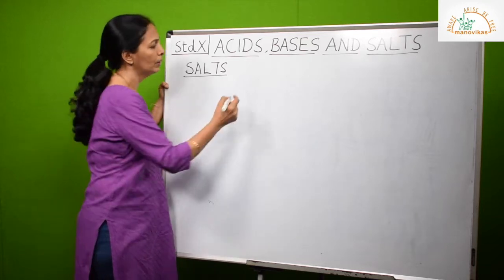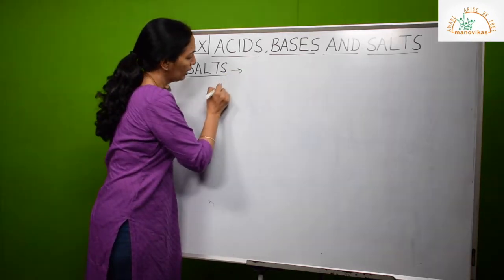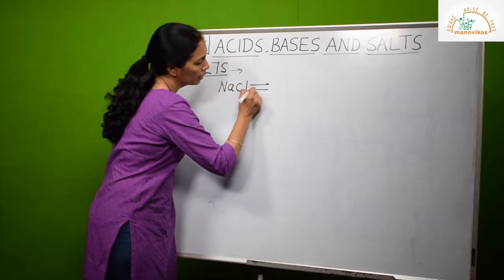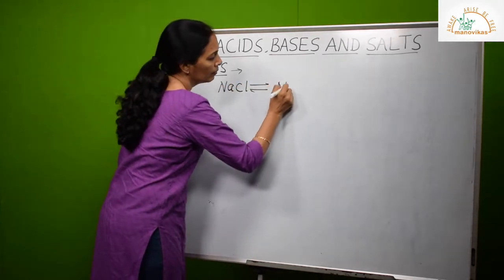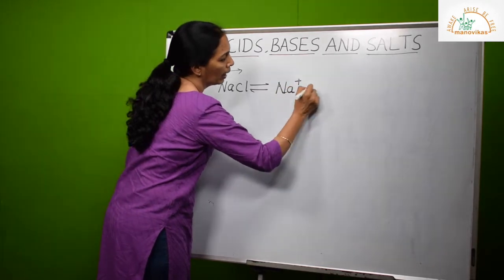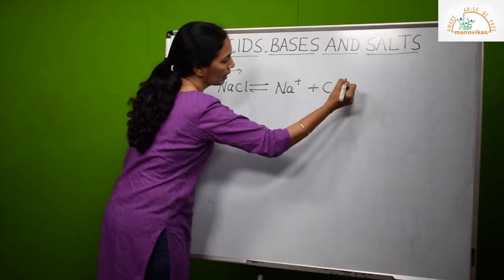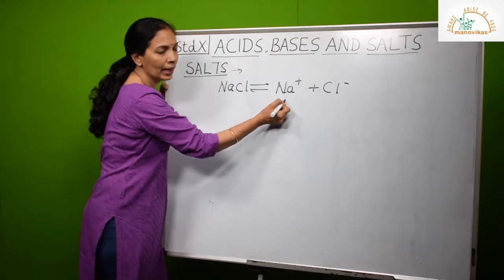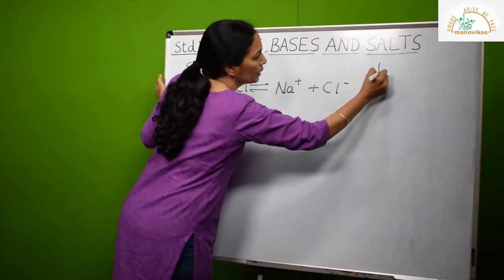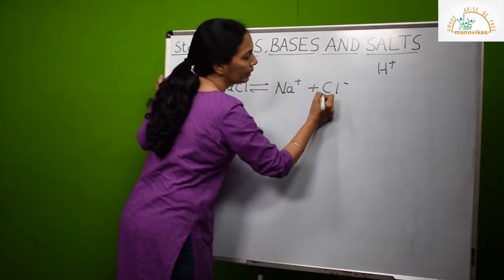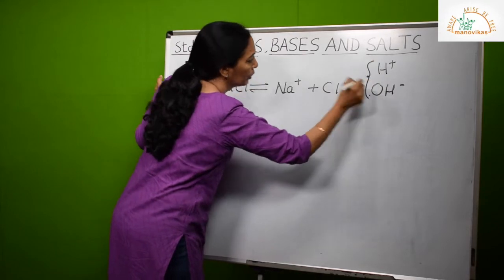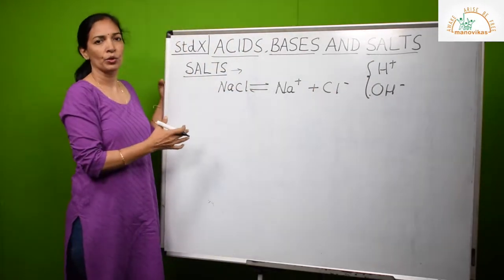For example, if you take NaCl, sodium chloride, on dissociation, it gives Na plus ion and Cl minus ion. So this is cation and this is anion. This cation is other than H plus ion and this is other than OH minus ion. So this is the definition of a salt.